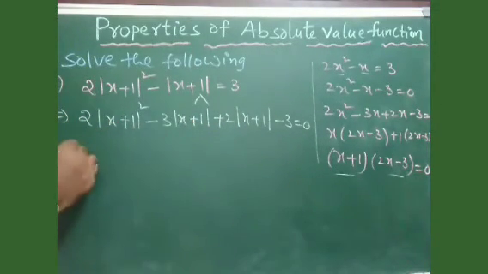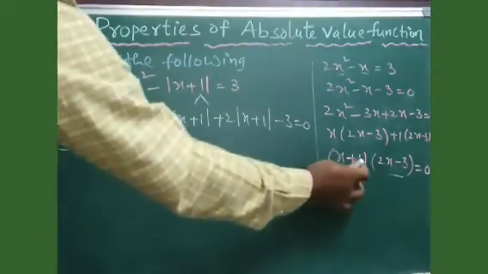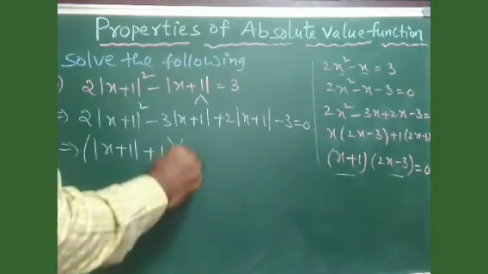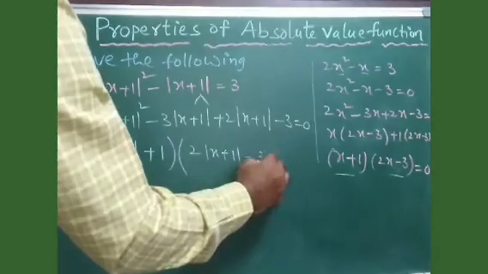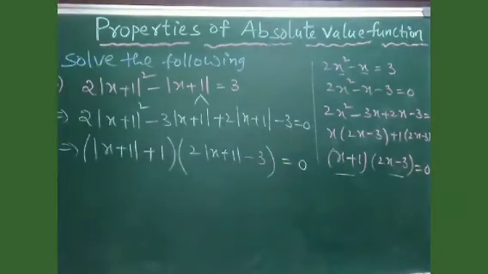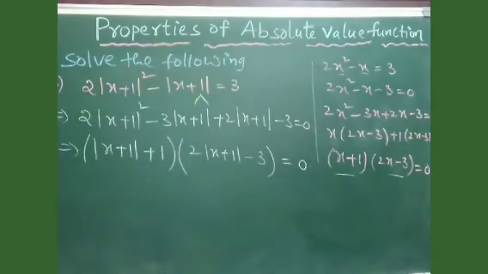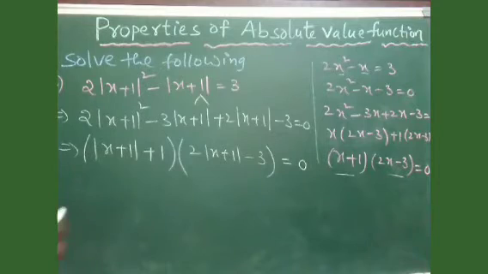Now from the first two, just mod of x plus 1 common. Then finally you are going to get the factors in this manner. Mod of x plus 1 plus 1 into 2 into mod of x plus 1 minus 3, which is equals to 0. So when the product of two factors is equals to 0, then either first one can be 0 or second one must be 0.